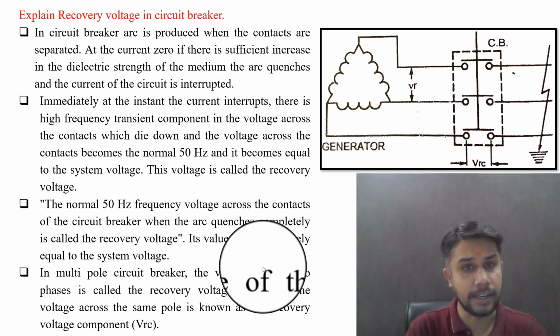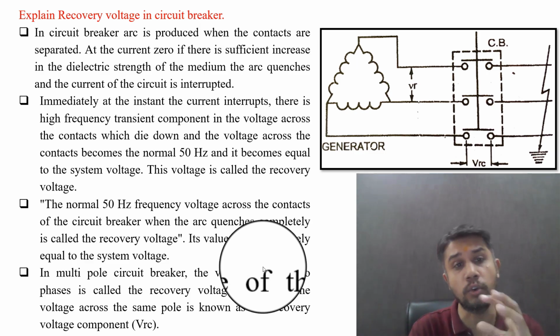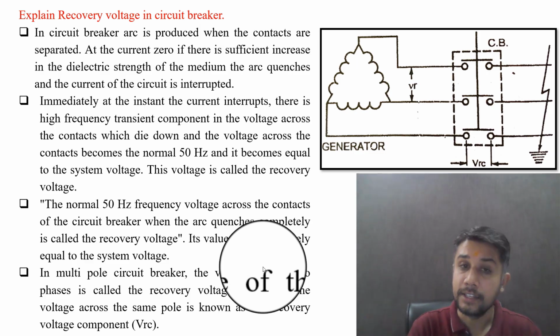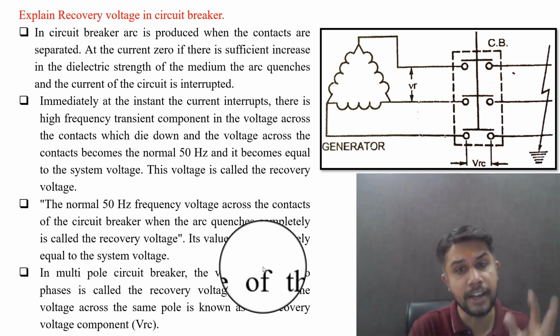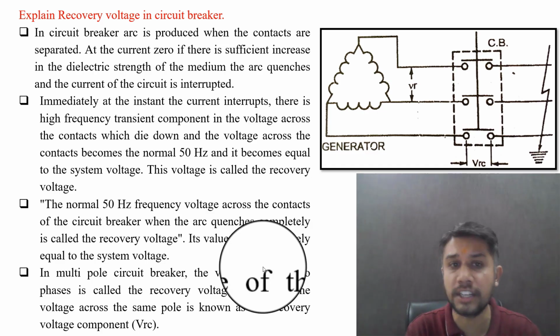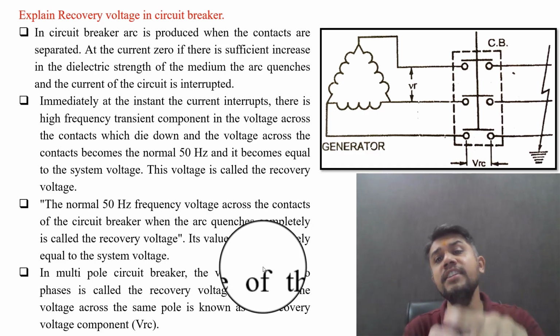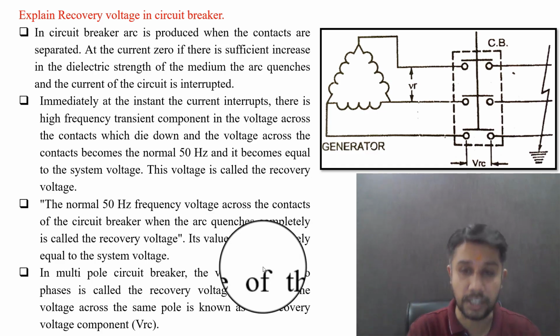Immediately at the instant the current interrupts, there is a high frequency transient component in the voltage across the contacts which dies out, and the voltage across the contacts becomes the normal 50 Hz voltage, equal to the system voltage itself. This voltage is called the recovery voltage.